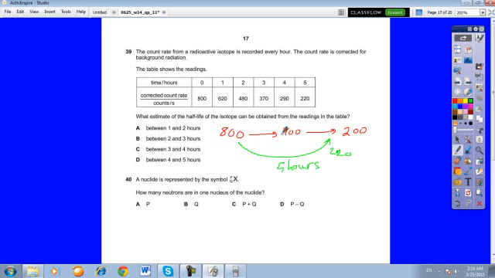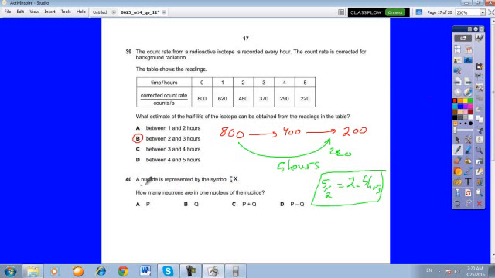So if two half-lives are 5 hours, each half-life is 5 over 2, which means 2.5 hours and a bit more. So the answer is between 2 and 3 hours, close to 2.5. And so the answer is B.